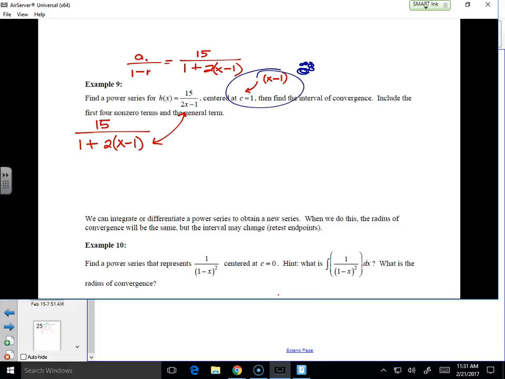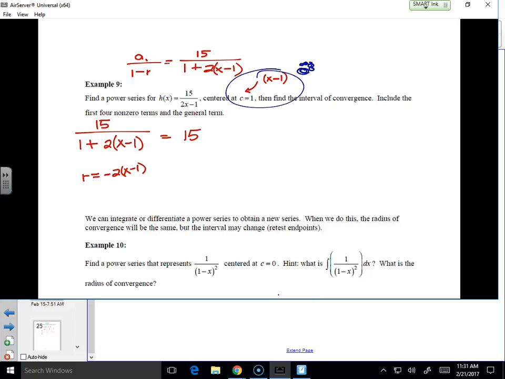Now wait a minute, how are we going to use this rewritten form to actually get our series? Where do we start? 15. Minus. Exactly, 30, because we have a plus, which is going to be alternating signs. Specifically, who is your r? Does that make sense?